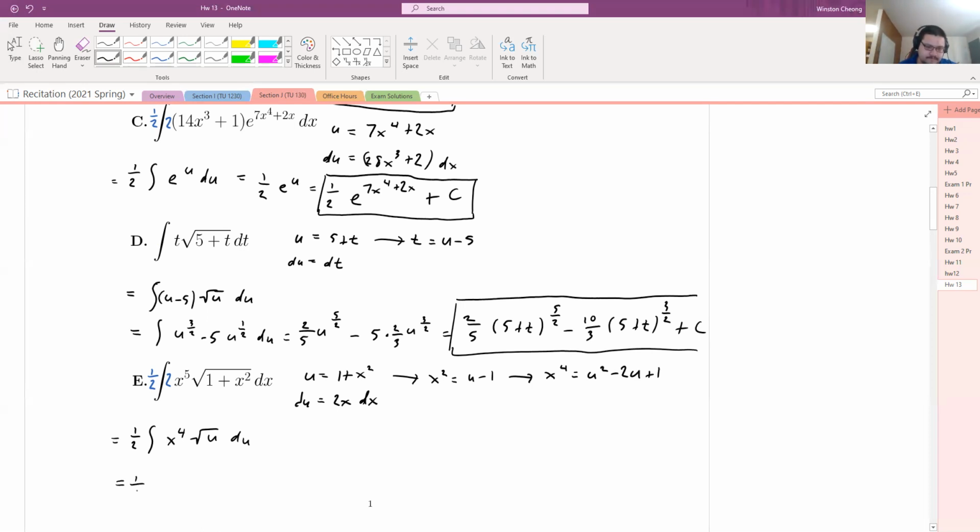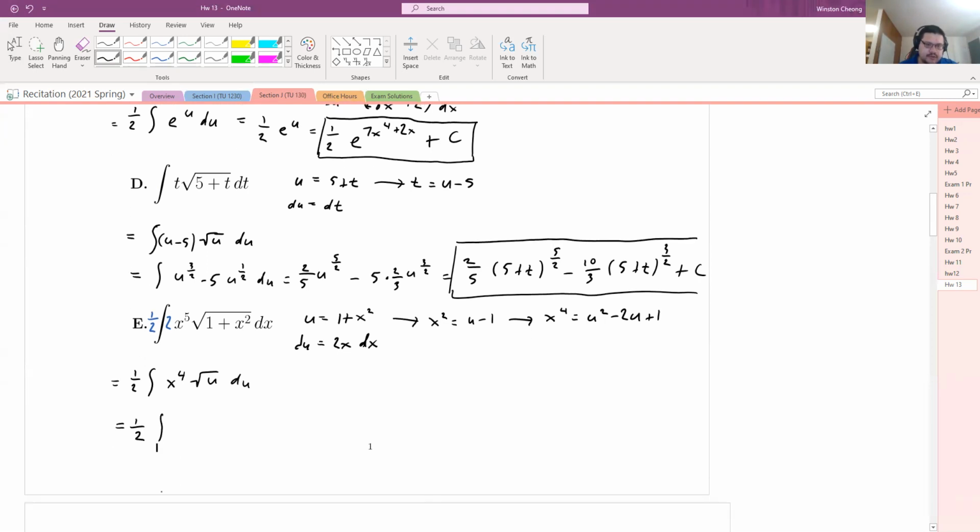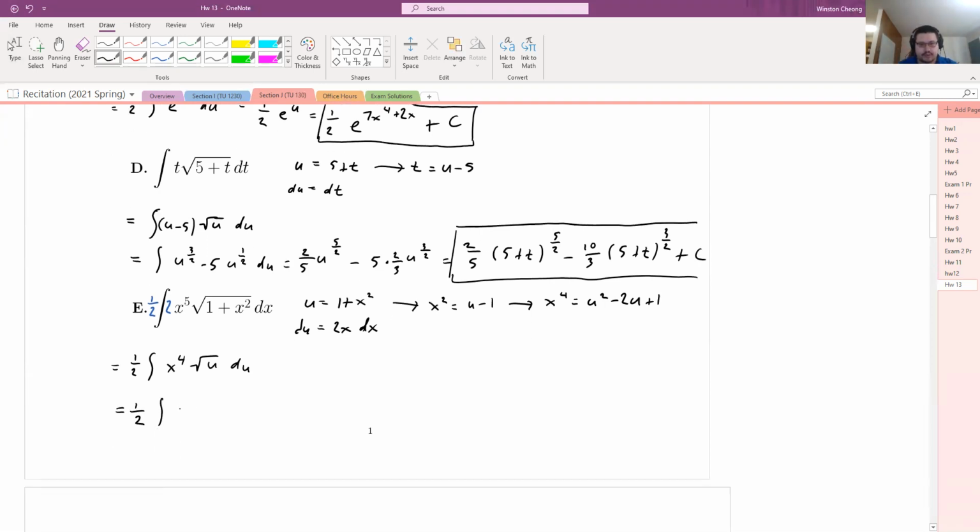And then converting this over completely, to save space, I'm going to distribute this u to the 1/2 power into the polynomial. So we'll have u to the 5/2 minus 2u to the 3/2 plus u to the 1/2 du.